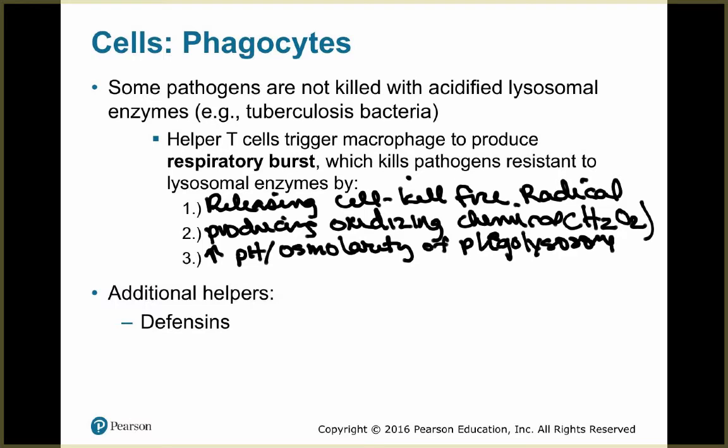Now, defensin is another molecule, and we talked about this. It's in neutrophils. Neutrophils help to release it. And what this guy does, it helps by piercing the pathogen's membrane.